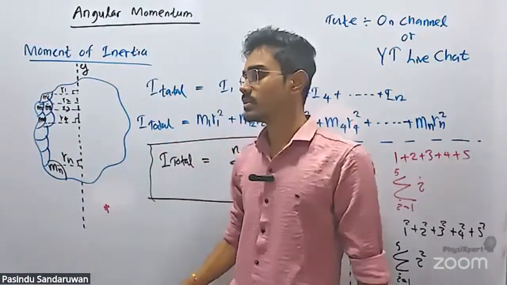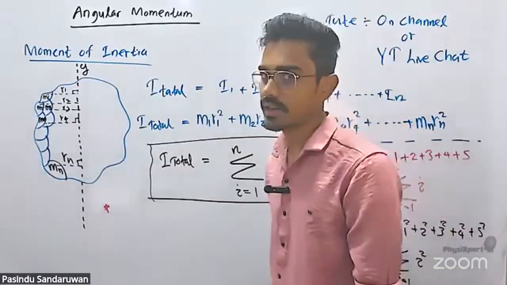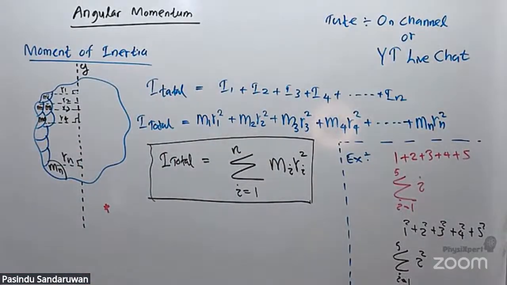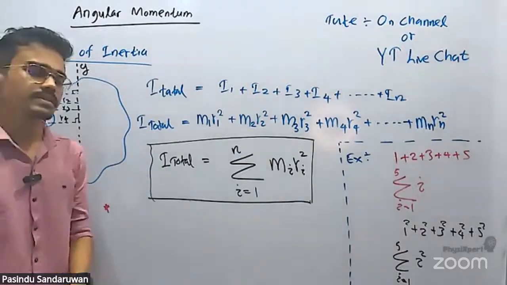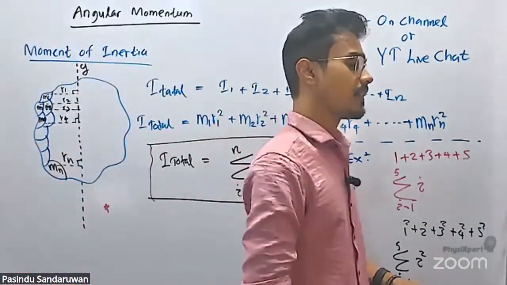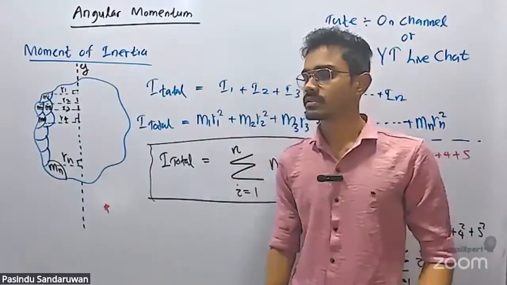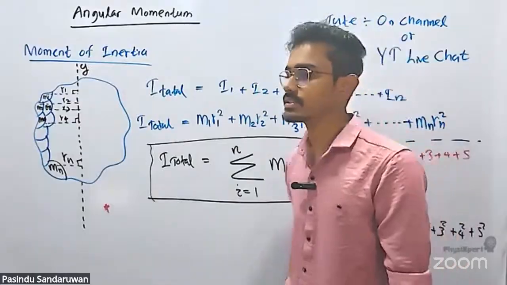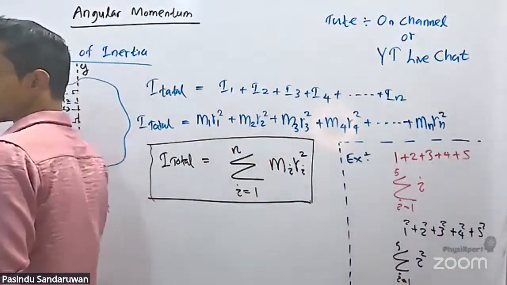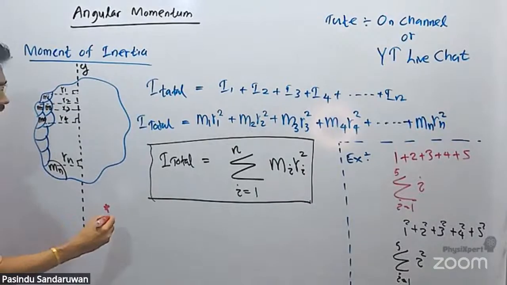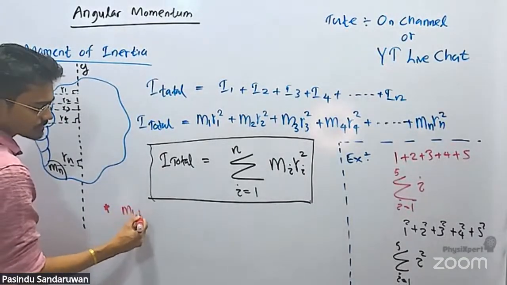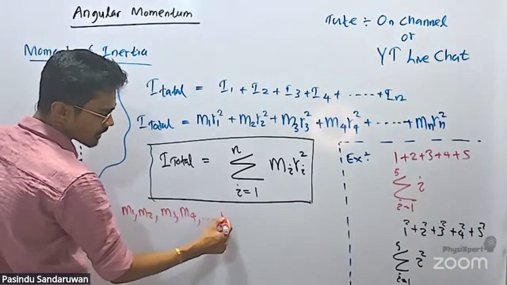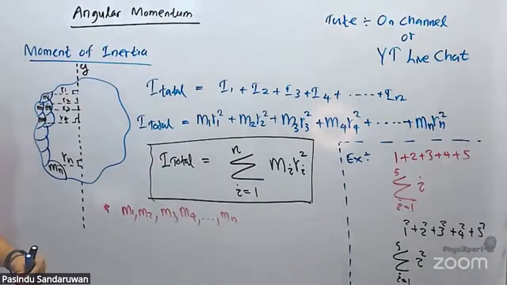Write down: if an object is made of particles, write this way: M1, M2, M3, M4, put some dots up to Mn, like this.